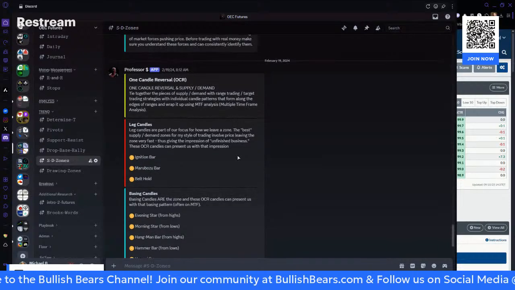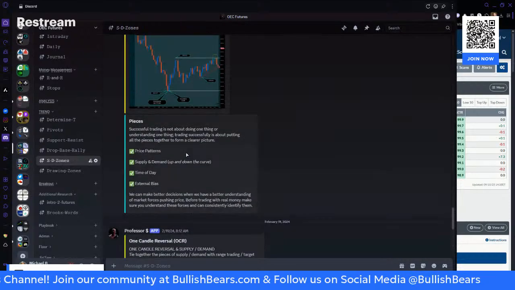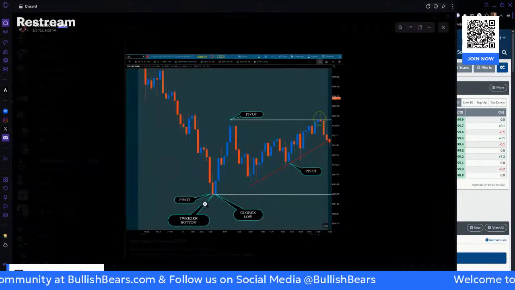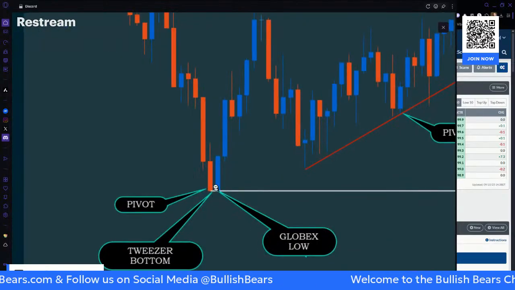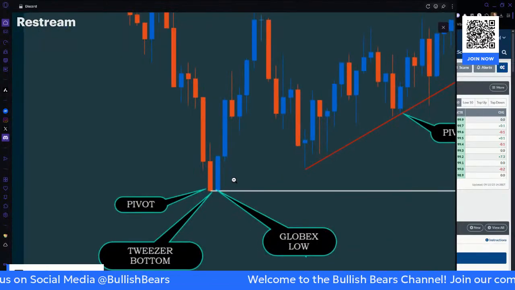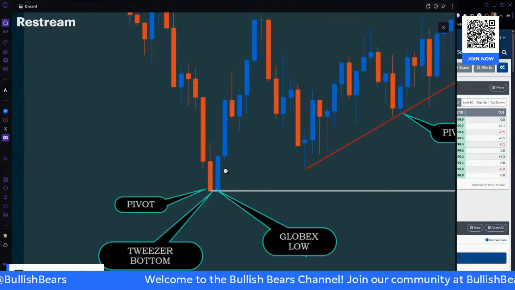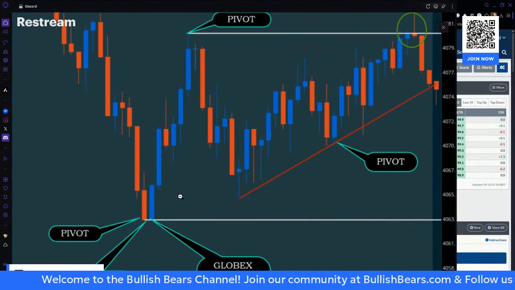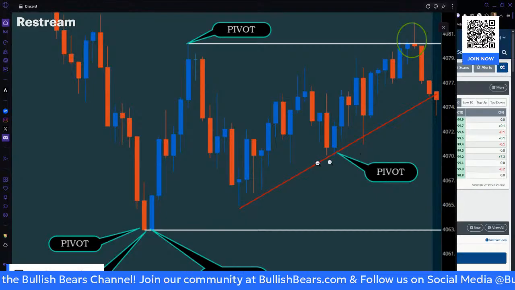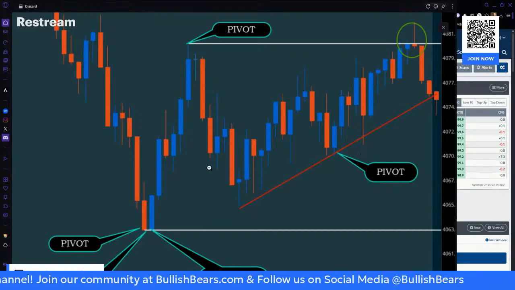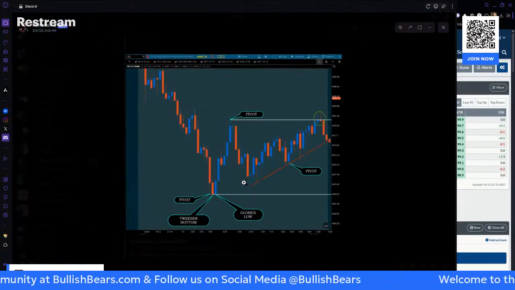With these drop base rallies, if you can tie it into something with a really nice reversal pattern, then you can start to figure out, well, how am I going to get into these? What's my entry trigger? What's my setup? What's my alert?